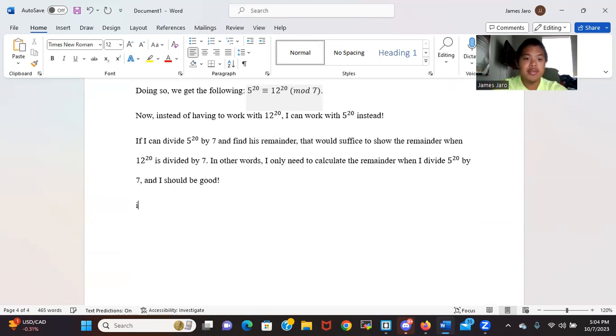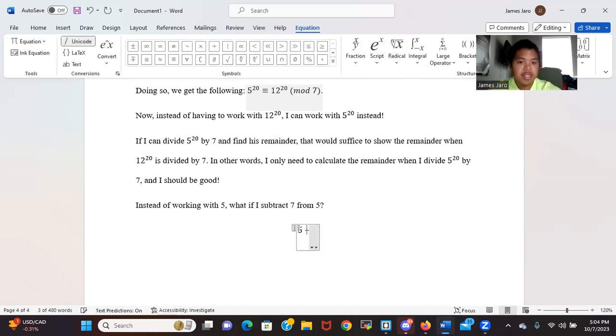So instead of working with 5, what if I subtract 7 from 5? I find that 5 minus 7 is negative 2, and so we can say that 5 is congruent to negative 2 mod 7.